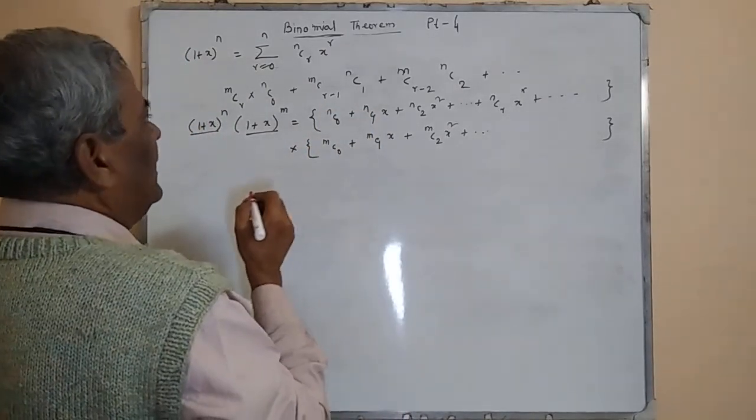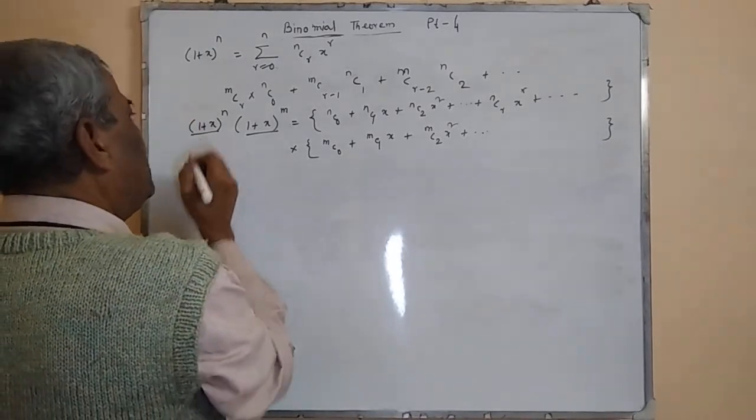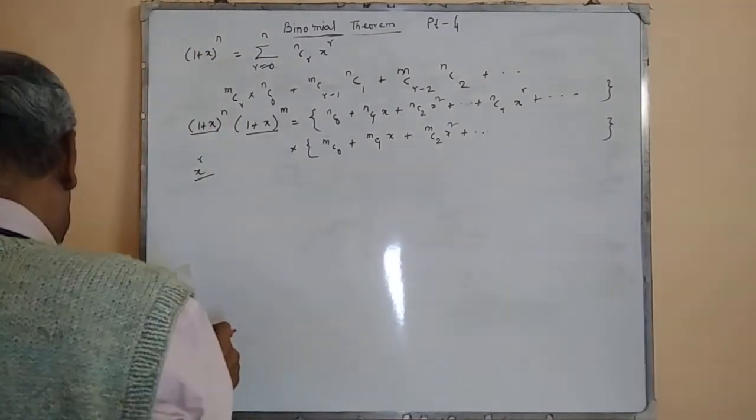So from both sides you equate coefficients of x to the power r plus 0, that is x to the power r.